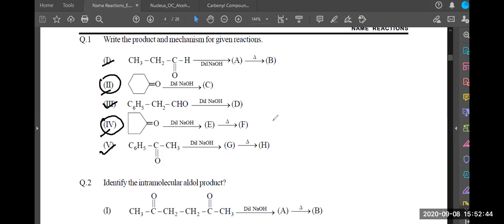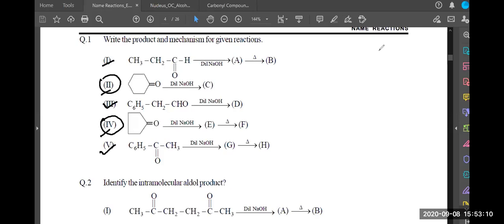Now, I have a question. Here we have self-aldol condensation, and when we have self-aldol condensation, we don't have any issue. But suppose we have cross-aldol condensation, and we have one aldehyde and one ketone. Then what do you think?